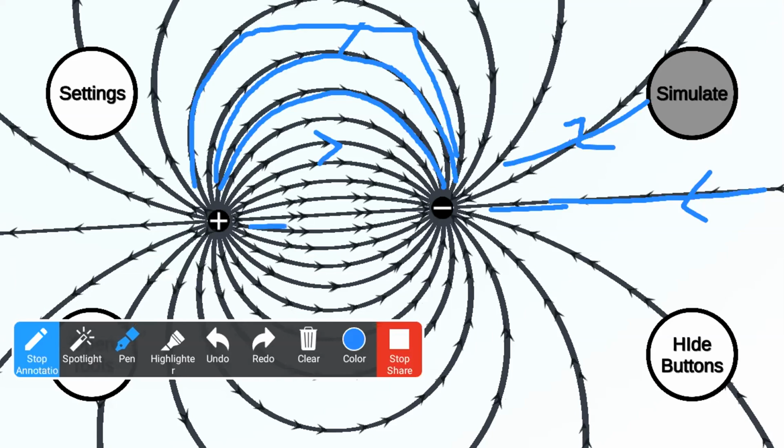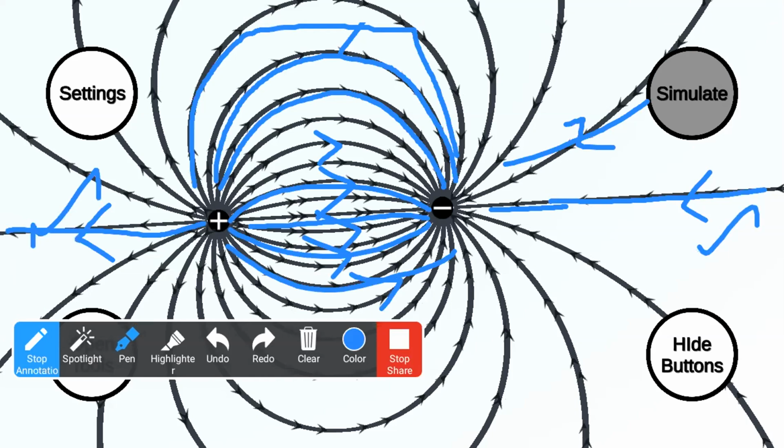So in the near vicinity, it will be going like this, but as the distance increases, this line goes to infinity, and this line comes from infinity. That is how you have to imagine it. This is the configuration of two charges having opposite value and separated by some distance.